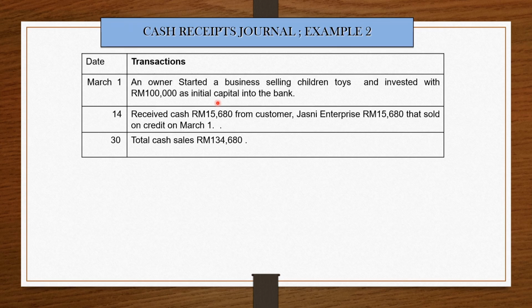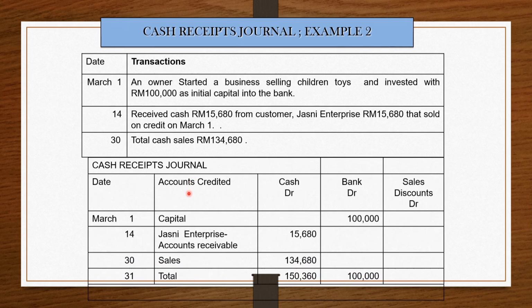The first one, we look at the answer for cash receipt journal. So the first one, debit bank account Rm 100,000 because it will increase asset, and credit capital. Capital represents owner's equity. Number 2, we receive cash from customer.